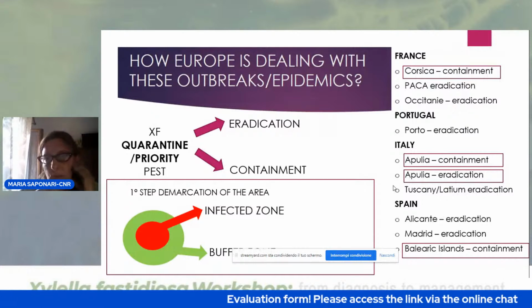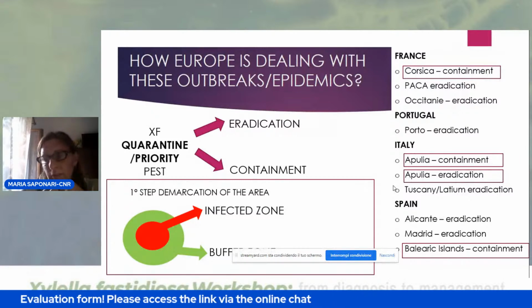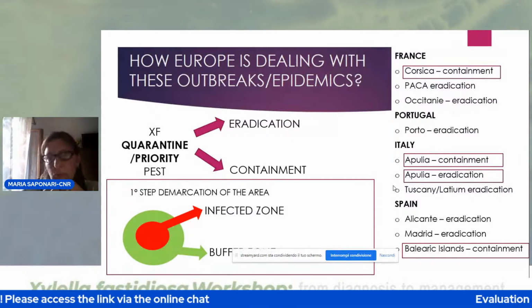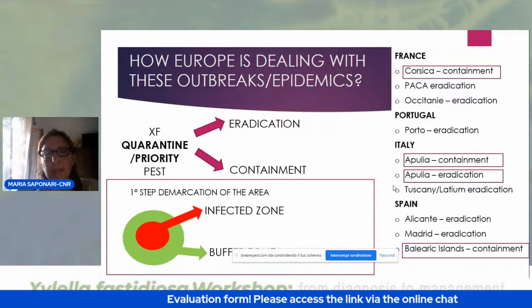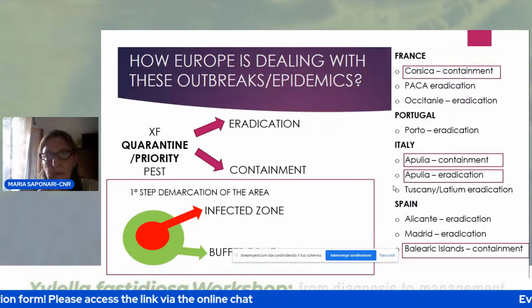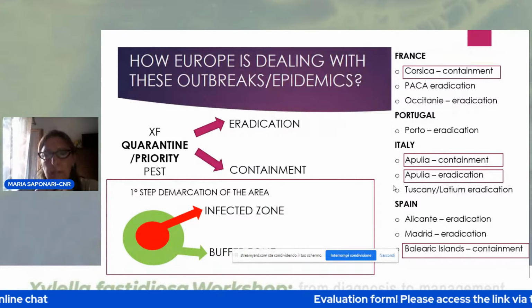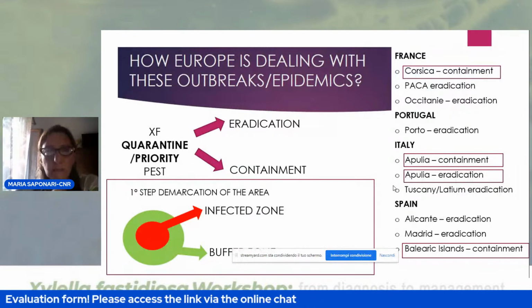So when we have a situation of very early detection, when the bacterium has not spread in the territory, in this case, Europe strongly supports the eradication measure, in the sense of removing the bacterium from the territories and giving these territories again the status of Xylella-free area.